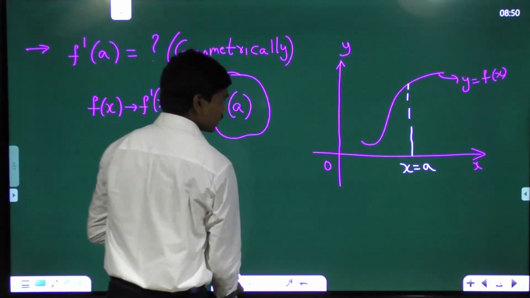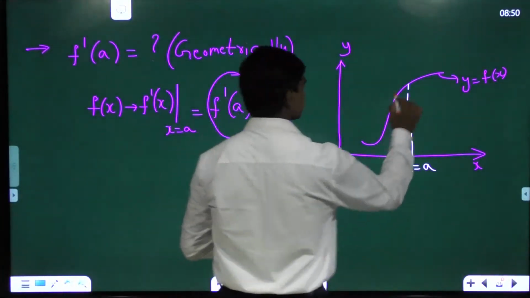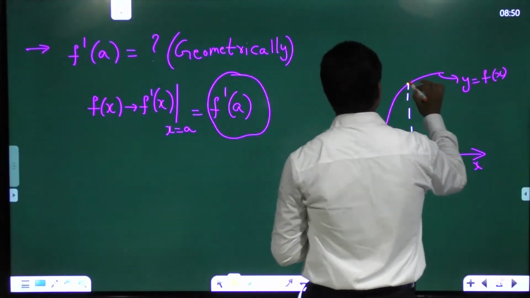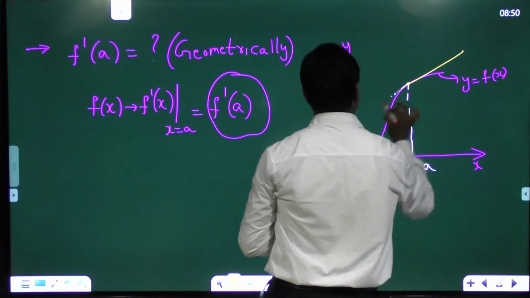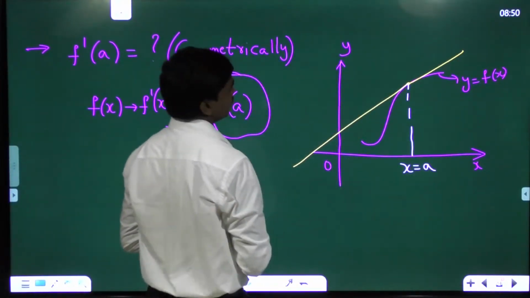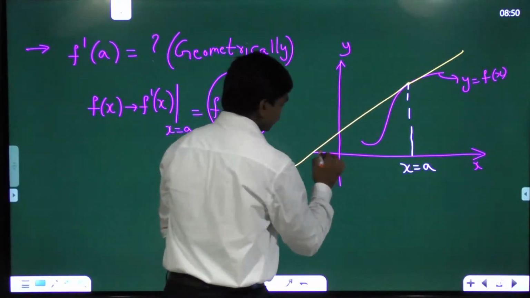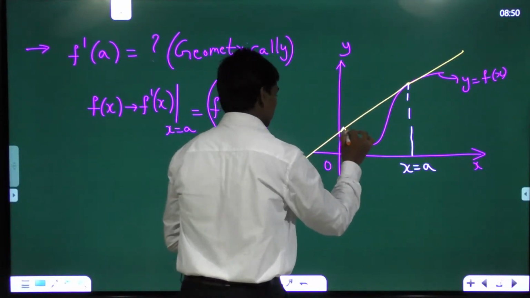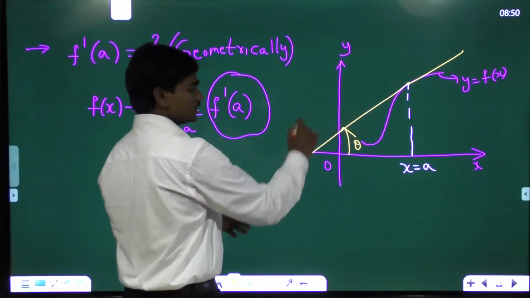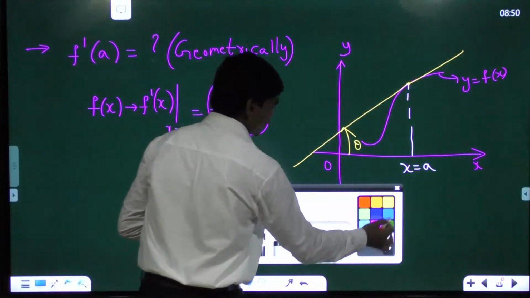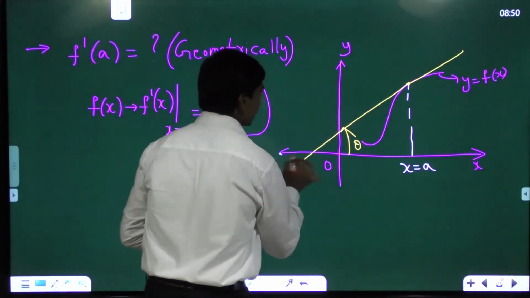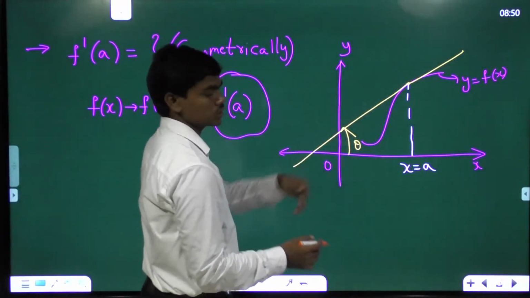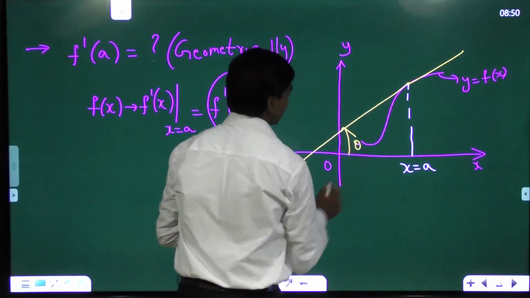For example, if I draw a tangent at this point, something like this, this tangent will be making some angle with the positive x-axis, in the positive sense. This line will always make some angle with the x-axis in the positive sense. Let this angle be theta.